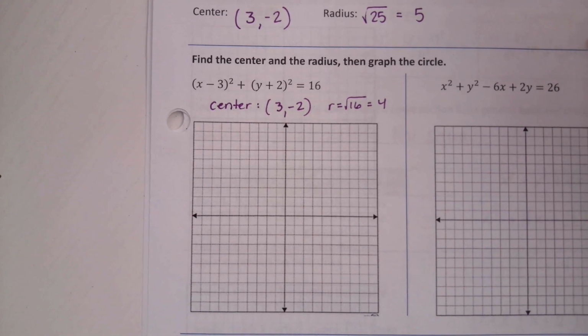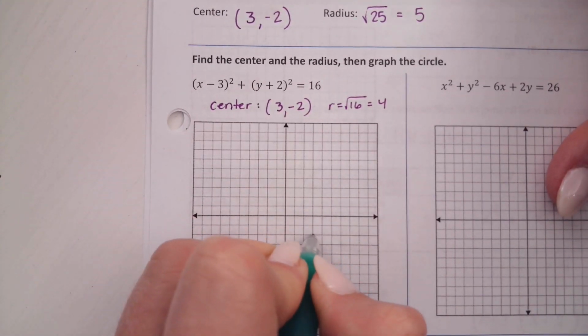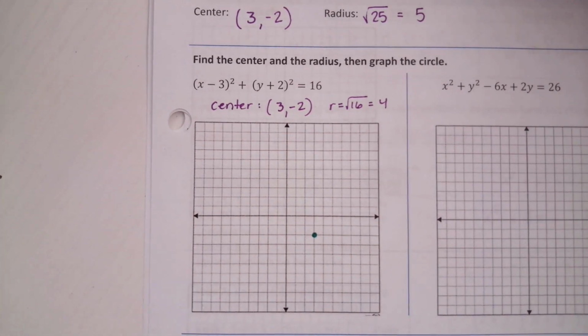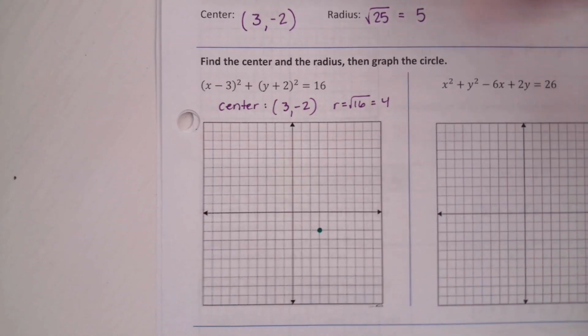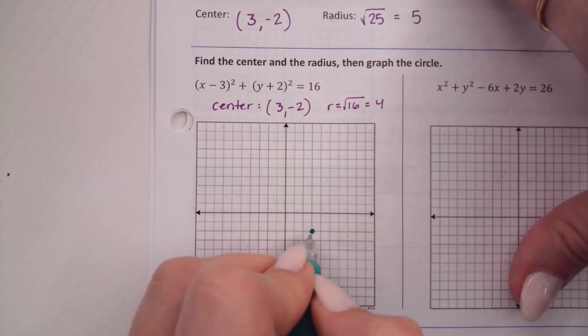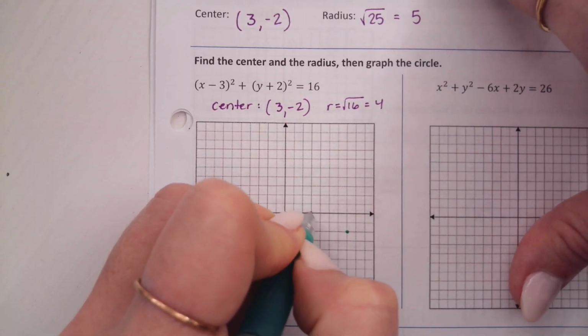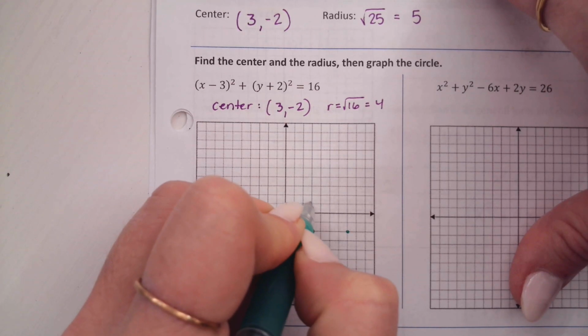So we'll start by graphing the center at 3, negative 2. Where's 3, negative 2? It means right 3, down 2. Okay, and then I'm going to use my radius to count 4 up, 4 left, 4 right, 4 down, and put points that are on the end of my circle.